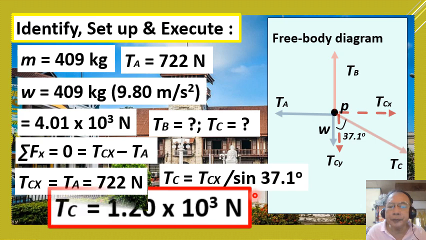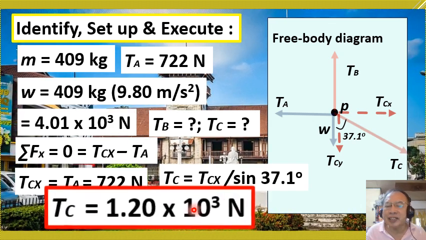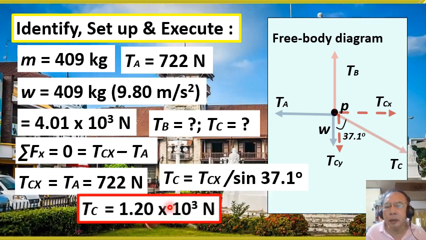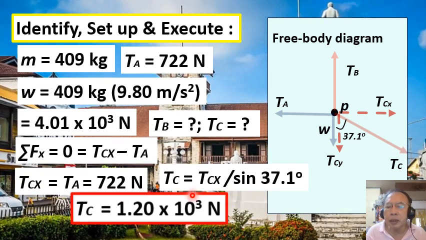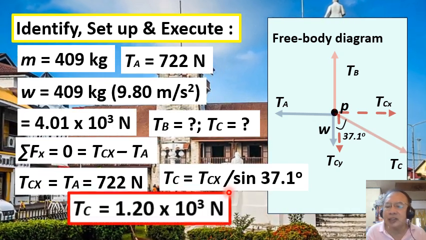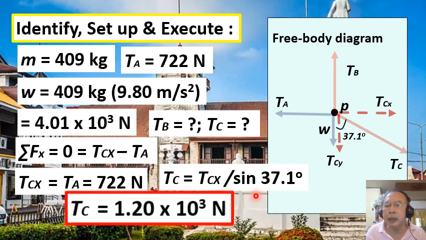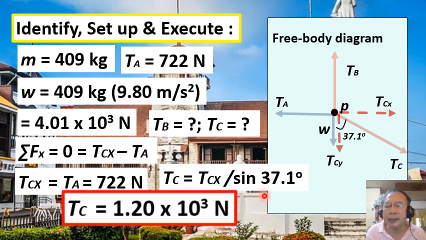We can therefore express the tension TC as being equal to tension TCx divided by the sine of the angle 37.1 degrees.